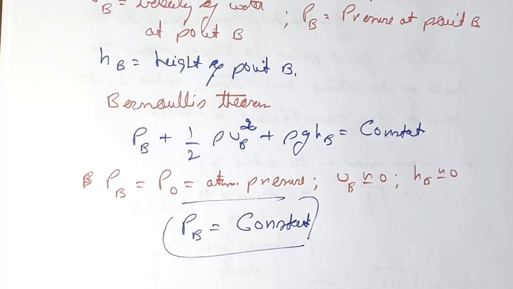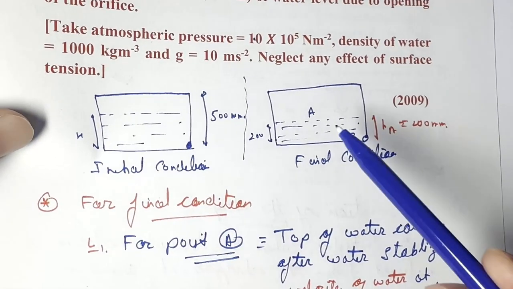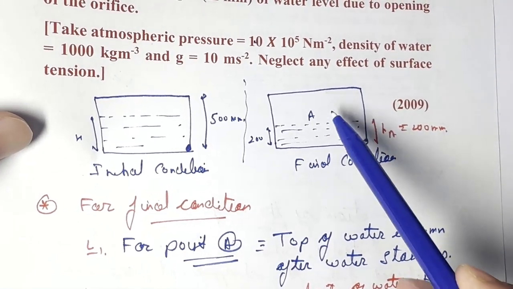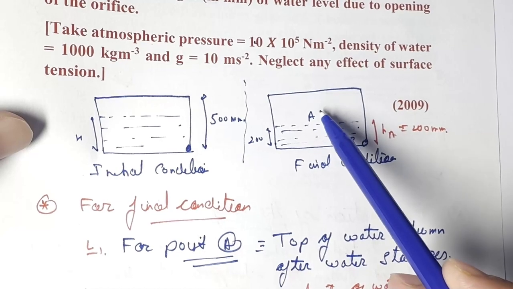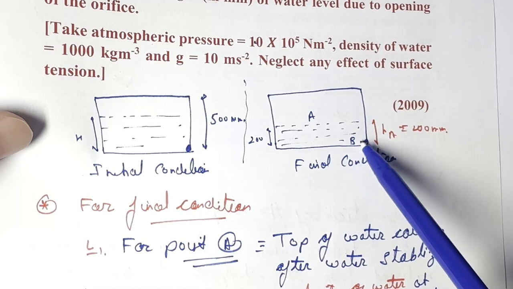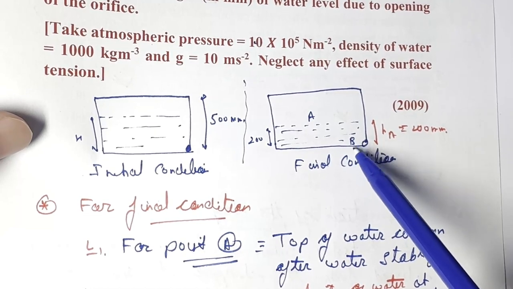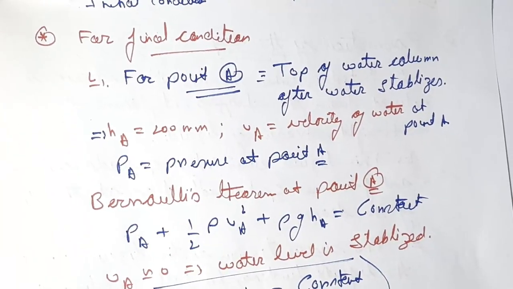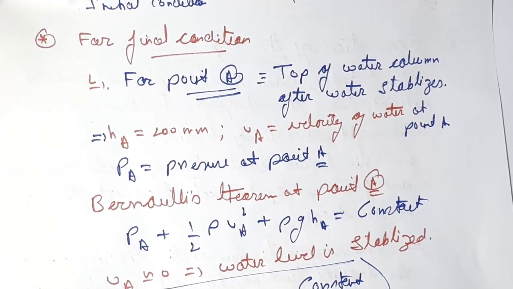So therefore we have two levels, A and B, and according to Bernoulli's theorem, the sum applicable at level A should be equal to that applicable at level B, because there is only a difference in level. That means the sum of each energy is equal to constant.